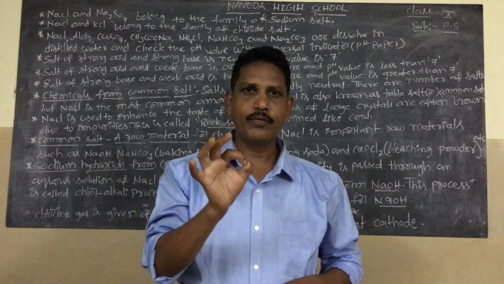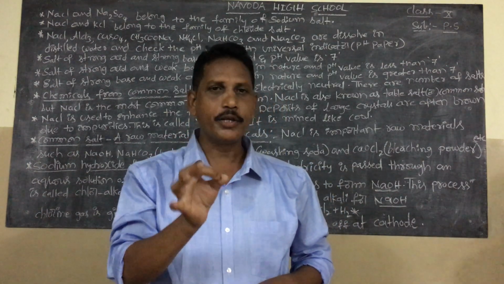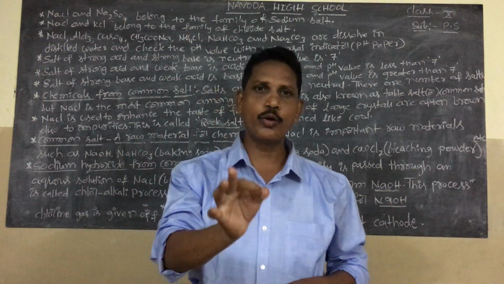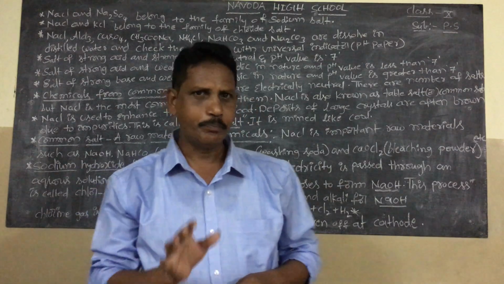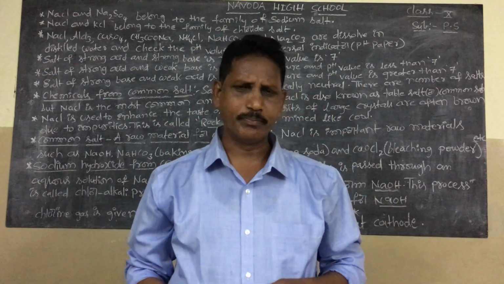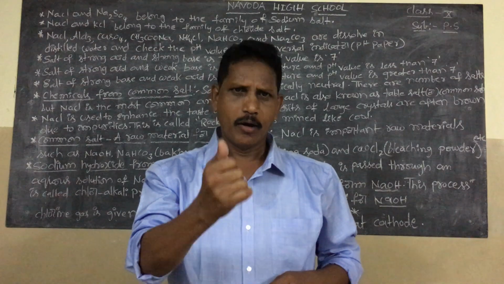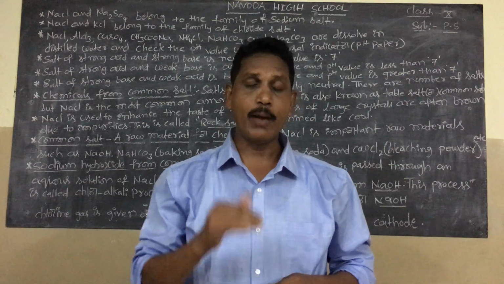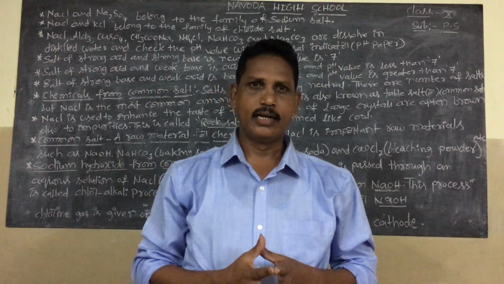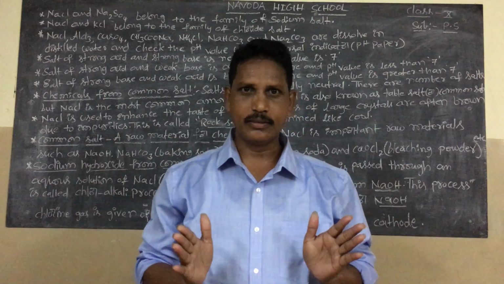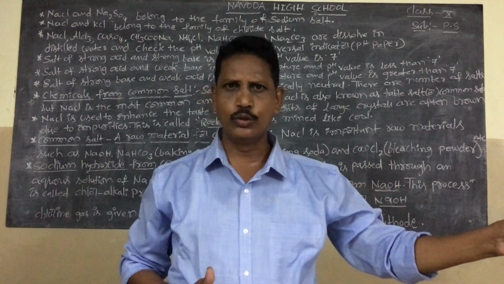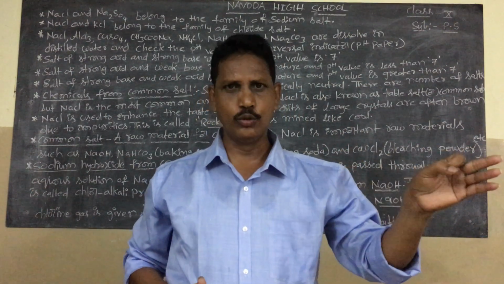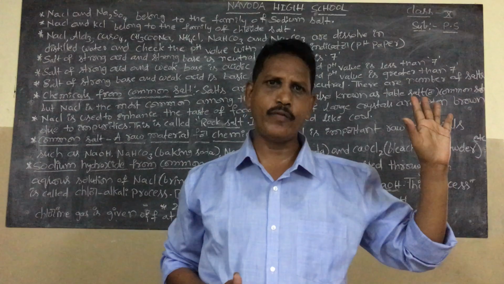Both compounds belong to the sodium family. NaCl and KCl both belong to the family of chlorides. So NaCl and Na2SO4 belong to the sodium family, and NaCl and KCl belong to the chlorine family.